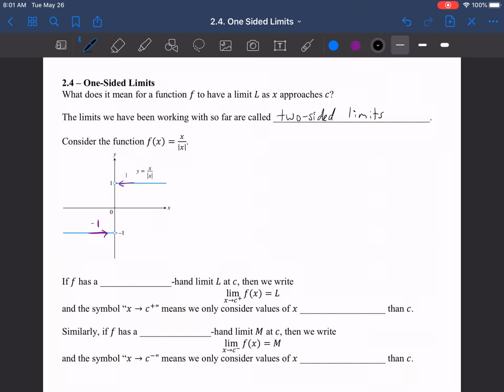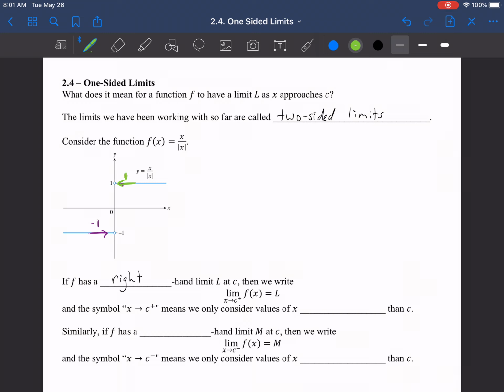So basically, if the function f has a right-hand limit at c, then we will write the limit as x goes to c plus. That means from the positive side, that little plus right there. So that's from the right. That's going to be this one up here. Let me do this in a different color, let's do green. That's going to be this limit over here, from the right.